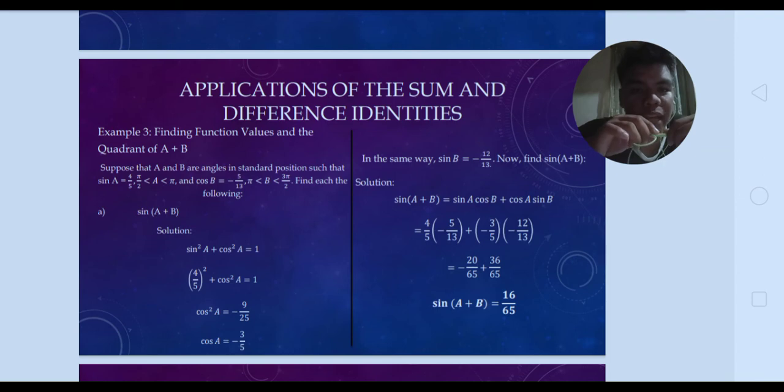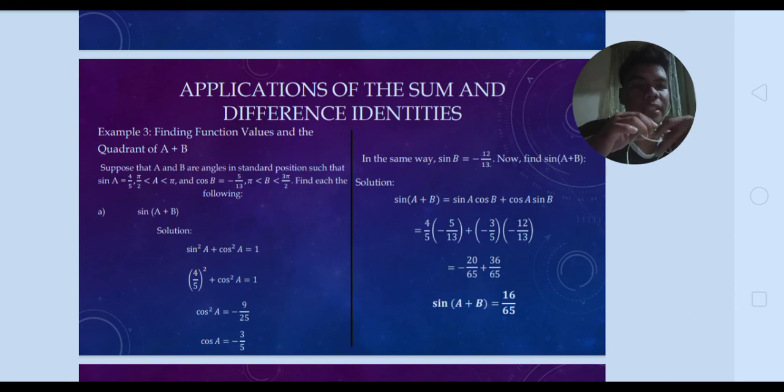Then we square 4 over 5, which is equal to 16 over 25, and subtract 16 over 25 from both sides, which results in cos squared A equal to negative 9 over 25. Then we can take the square root, so the value of cos A is equal to negative 3 over 5. In the same way, if we solve, sine B is equal to negative 12 over 13.